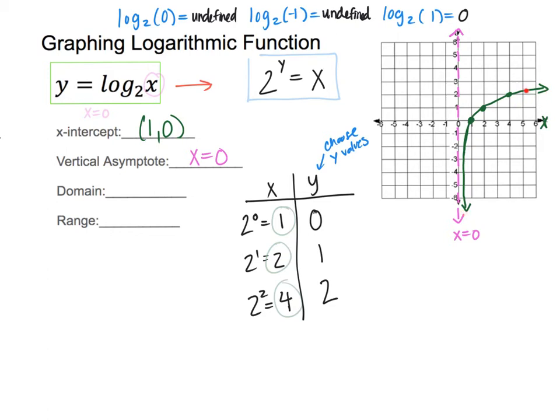So looking at this, the furthest x that it can go on the left side is basically 0, right? It can't pass 0 because of the asymptote. So it goes from 0 to positive infinity because it points to the right. And so we're going to use parentheses because we can't touch 0 because it's an asymptote.